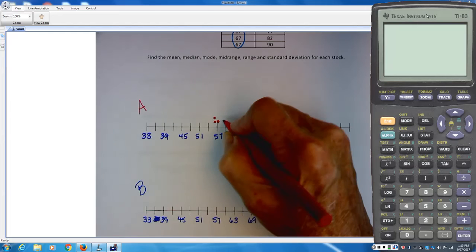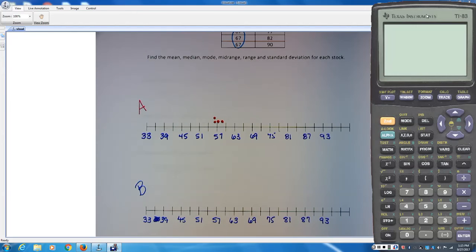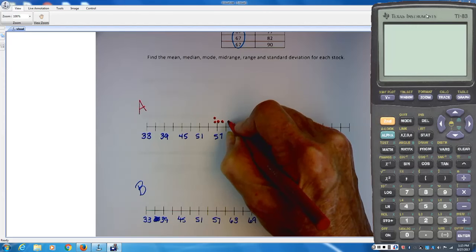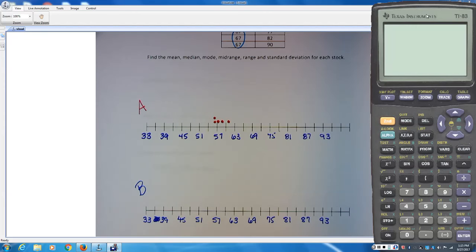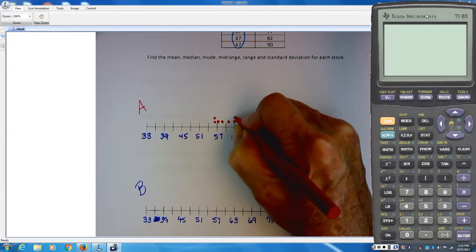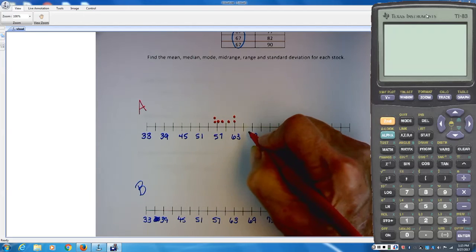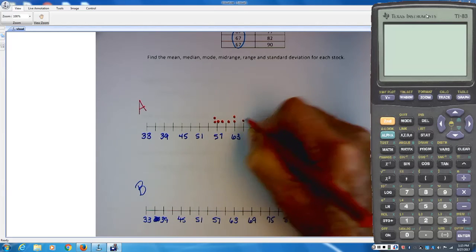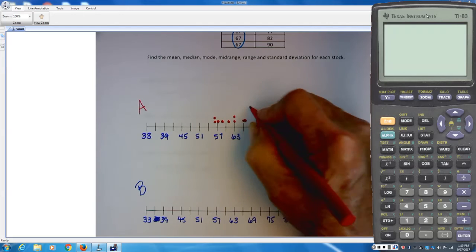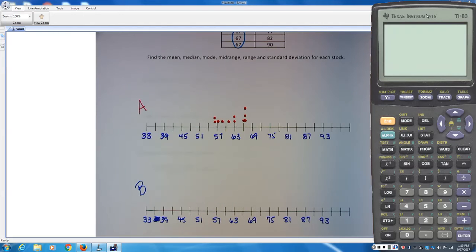And then I've got a 58. And then I've got a 61. And then I got two 63s. And then I've got a 67. That needs to be a little bit over that way. And another one. And another one.